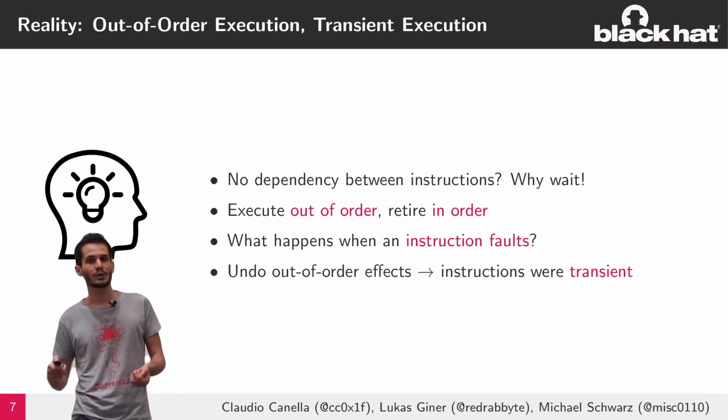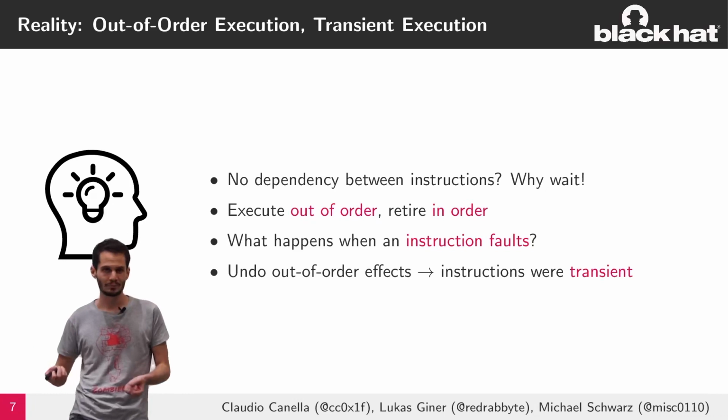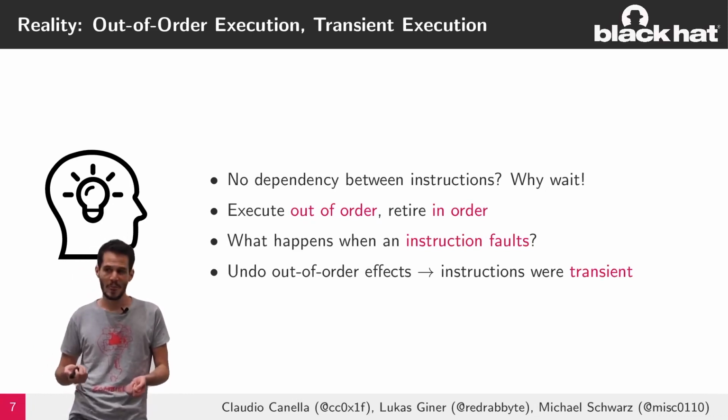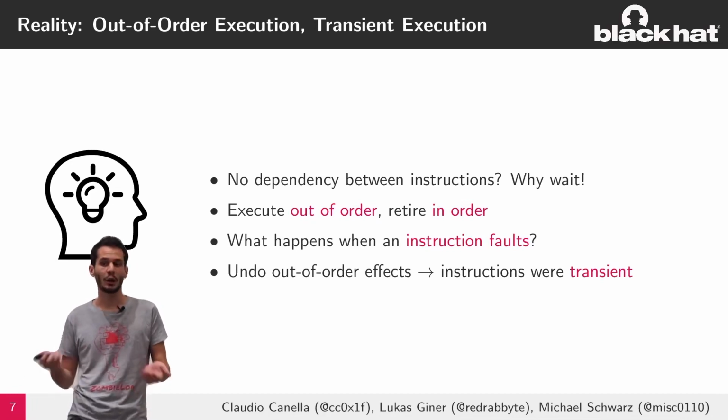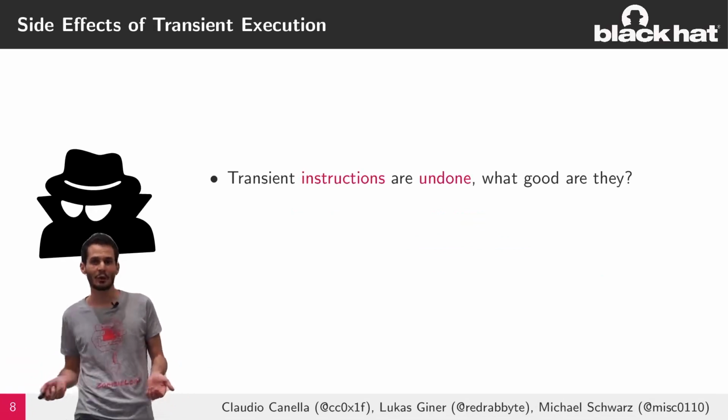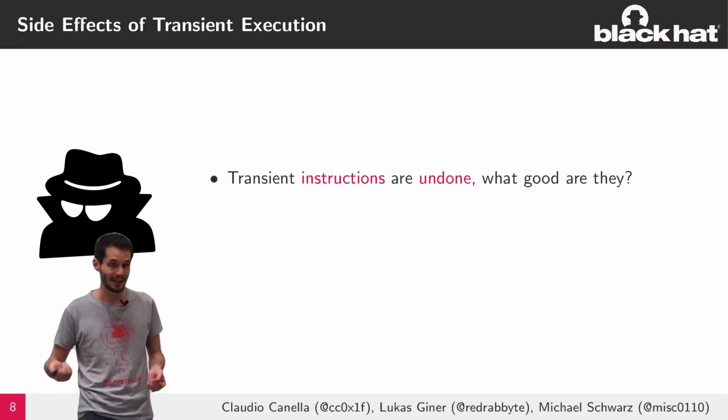We then call those instructions transient. That's pretty smart. Yeah, it is. And those transient instructions don't leave any architectural trace. They're basically gone. So at this point, you might wonder, if they're undone, if they don't leave any trace, what are they even for? What can we do with them as an attacker?